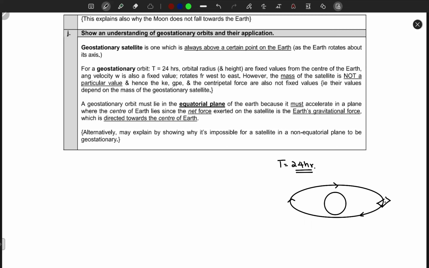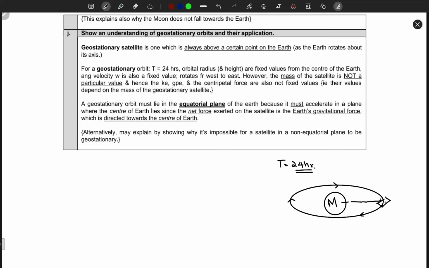You're really imagining a satellite which is orbiting this Earth, and its orbital path is directly above the equator. So that's the equator, and the orbital path of this satellite is directly above this equator.